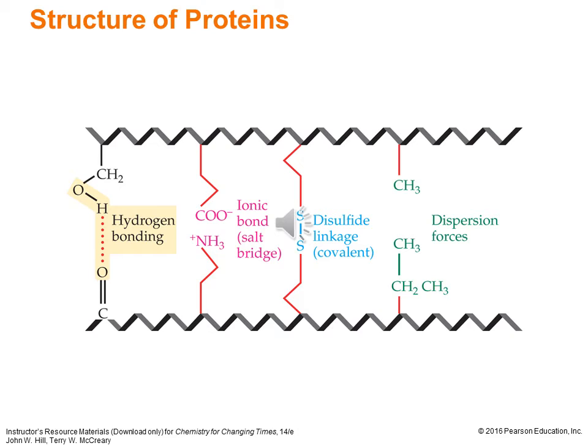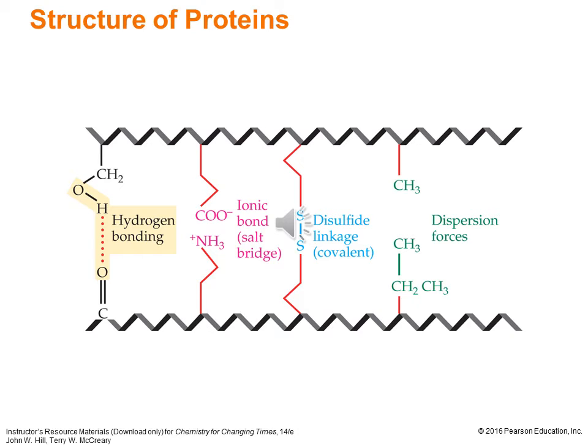So at the far left, you see the hydrogen bonding that can happen between residues that have an OH group, for instance. They can hydrogen bond with the carbonyl of the amide linkage of the backbone of the protein. Then as we move to the right, we see an ionic bond, a salt bridge that can form between an amino acid residue that has a carboxylic acid group and an amino acid residue that has an amine group.